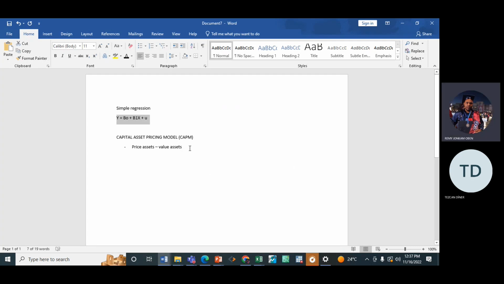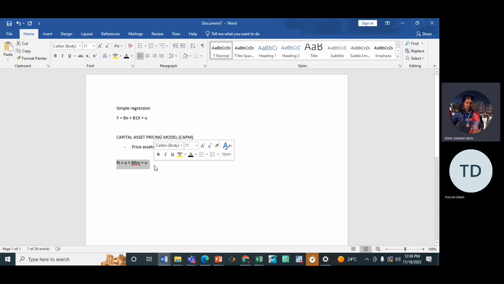So in this model, I'll explain all these things. ROI equals, what should I put? I'll just put A plus B ROM plus U. Do you notice that this is a simple regression model?